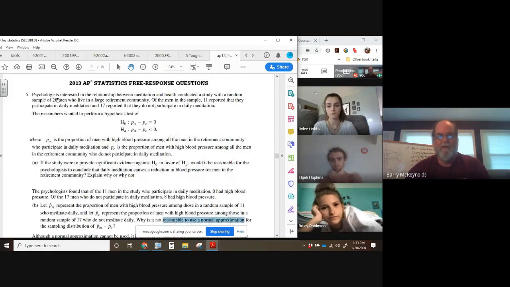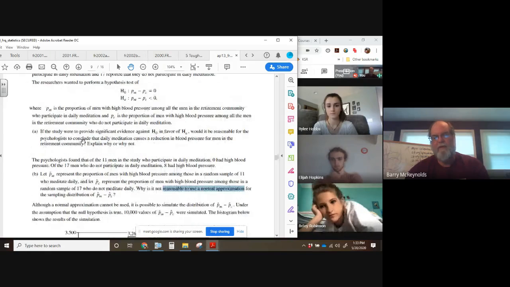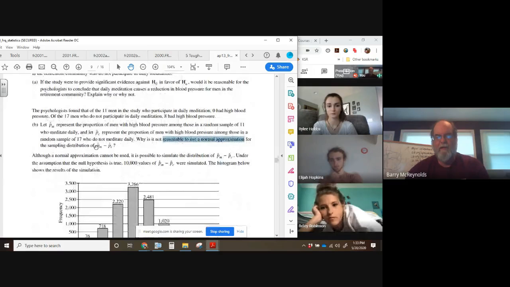retirement community. And so for our sample of 28 men, we could say it's reasonable to assume the 10% condition is met here because the population is large and the sample is small. But that's one of the three conditions for inference. What was the first one?